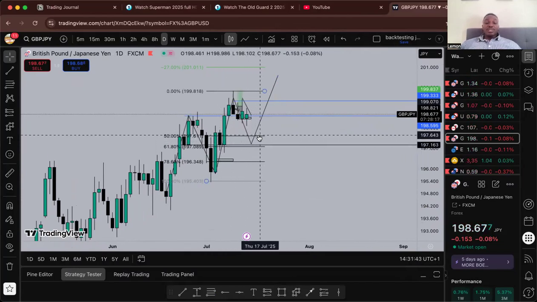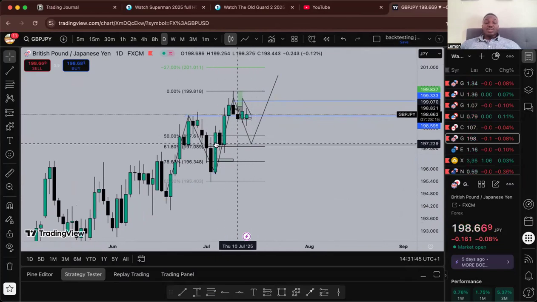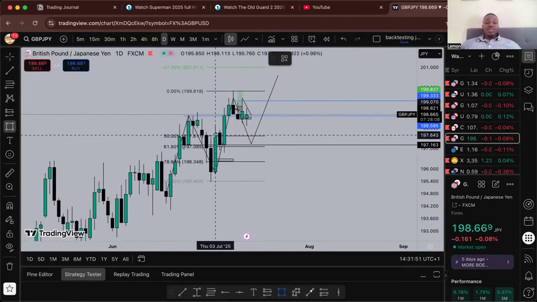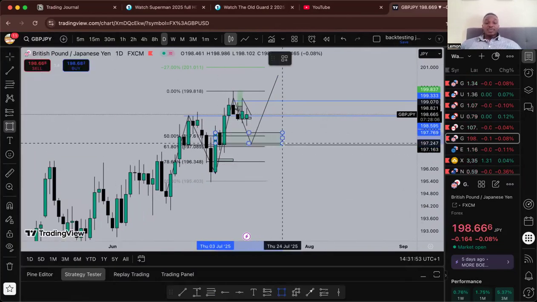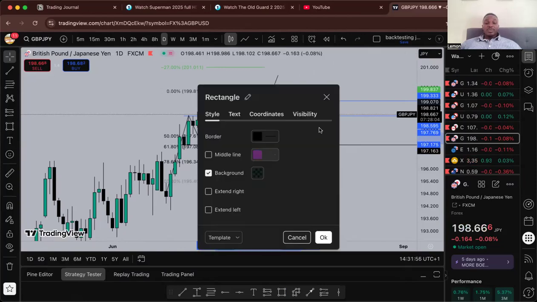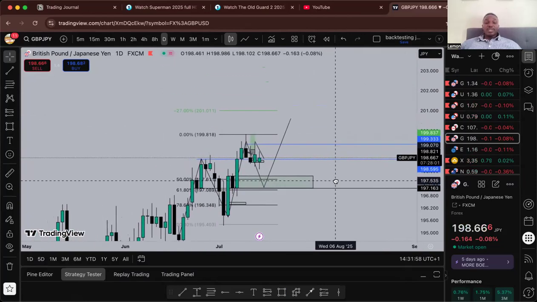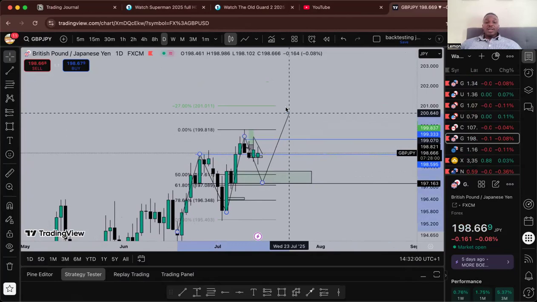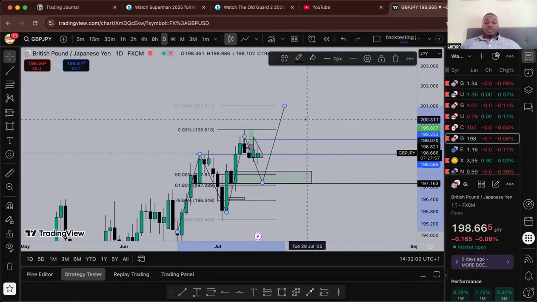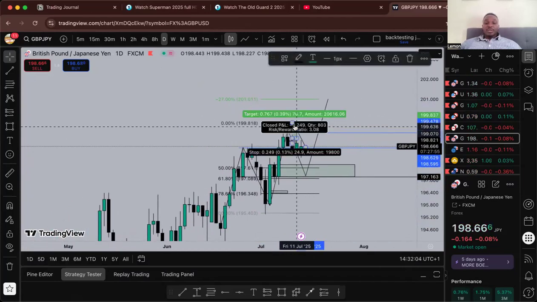And you can see the zone still tallies with our supply zone. So there's a supply zone here where market will come to. So I'm looking for my price to come to this space here before we see our buy to the upside. You get me? Let's take this off.